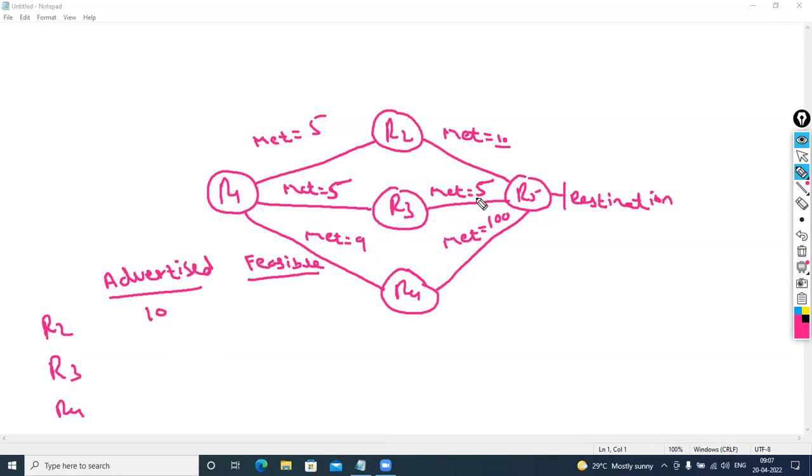From R3, what is the advertised distance? 5. What is the advertised distance from R4? It is 100. So now what is the feasible distance? It is 15. It is 10. It is 109.